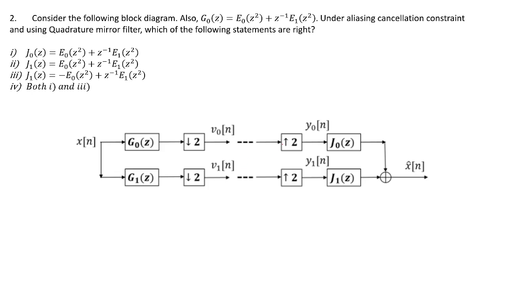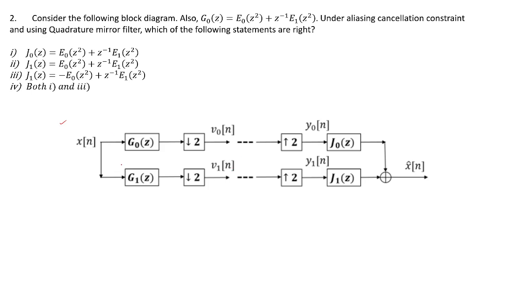Okay, next we move to this block diagram. This we have seen in lecture. This corresponds to an M channel maximally decimated filter bank. Of course here M is equal to 2, you can see only 2 channels here.